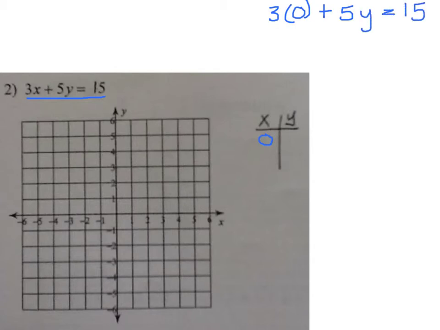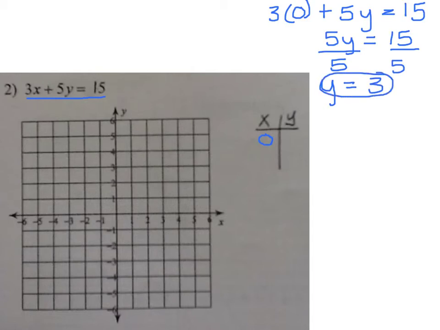Now the 3 times 0 goes away, but we still have to divide both sides by 5. So now we get 1y equals 3. The first point in our T-chart then is (0, 3).